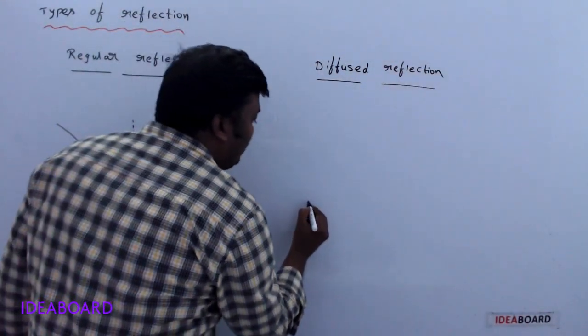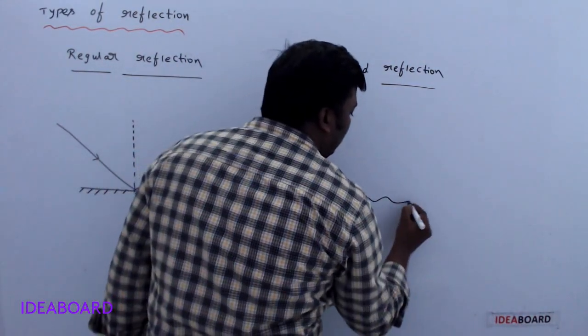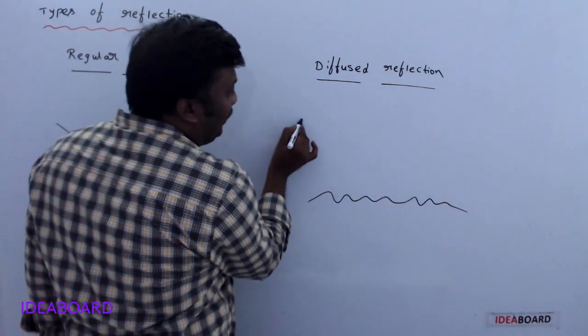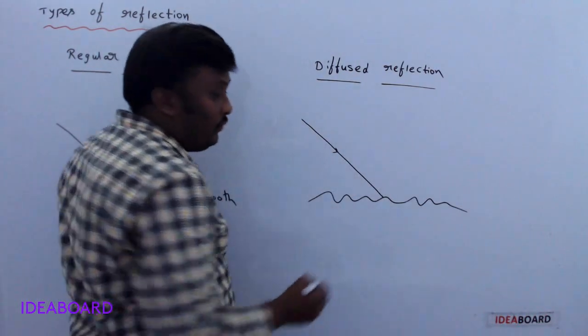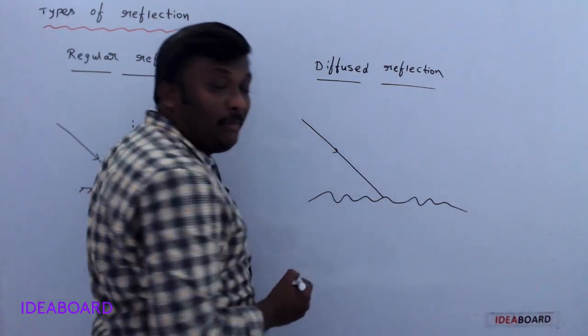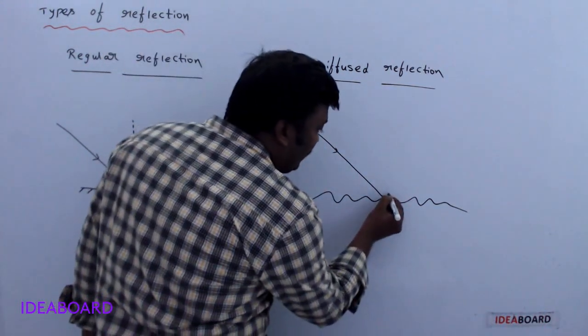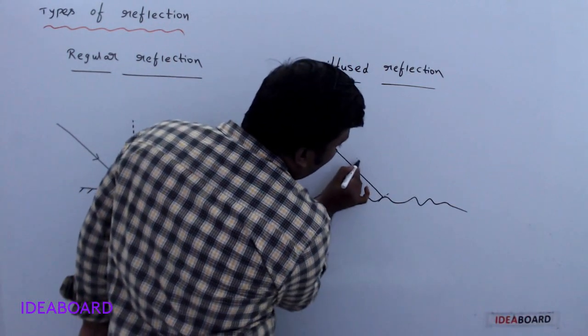In diffused reflection, the surface is like this. Then what happens? If any ray is incident here, you should draw the normal. Normal is always perpendicular to the surface. So here this is the surface, and now the normal is like this.